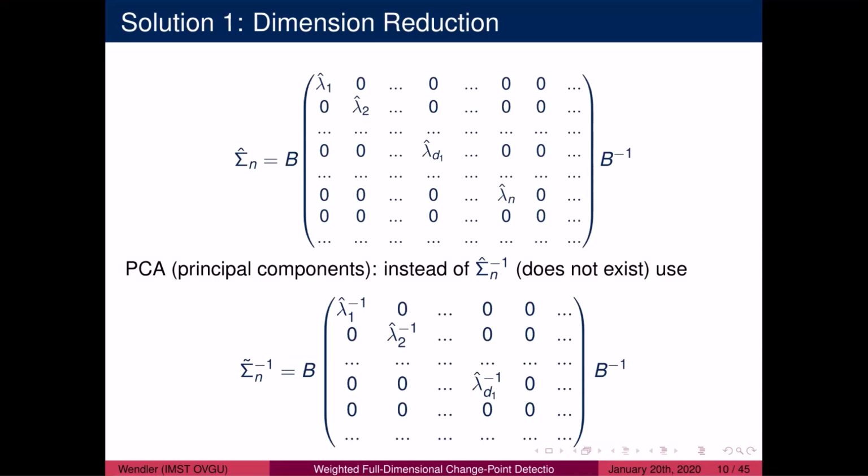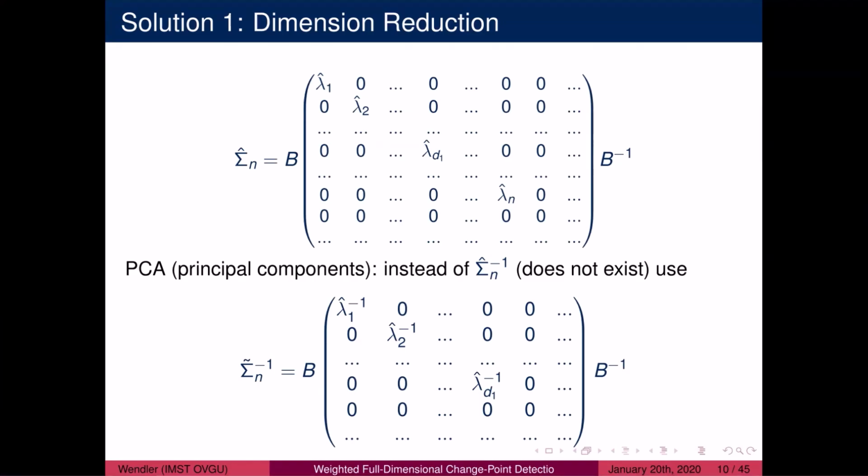I brought you this matrix. We have this infinite-dimensional matrix, which only has zeros after some point. Here we have the positive eigenvalues, lambda 1 up to lambda hat n, possibly fewer. Whenever you choose a D1, you take the inverse of lambda hat 1 to lambda hat D1, and the rest you set to 0.